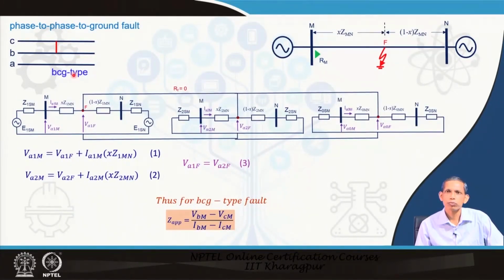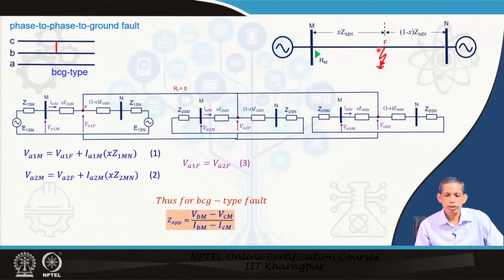Now, we will see the fourth category, the last one. Let us say the fault is BCG type in the same system at F, and in this case the sequence diagram becomes 3 parallel networks: positive, negative and zero. Our measurement bus is at M position as positioned by the relay.